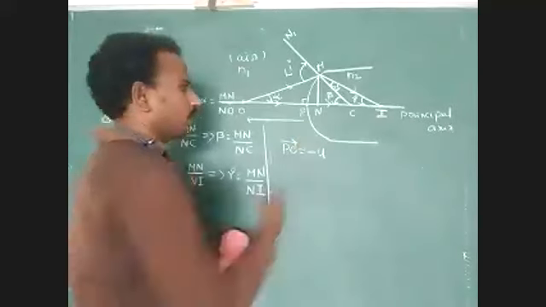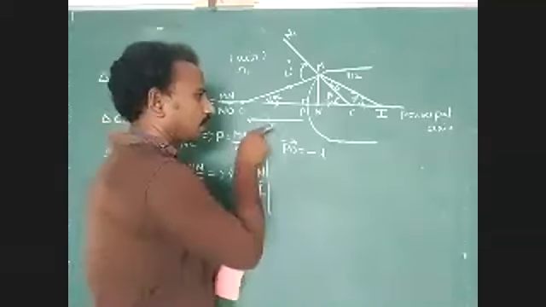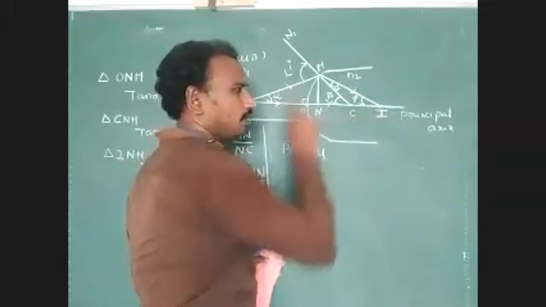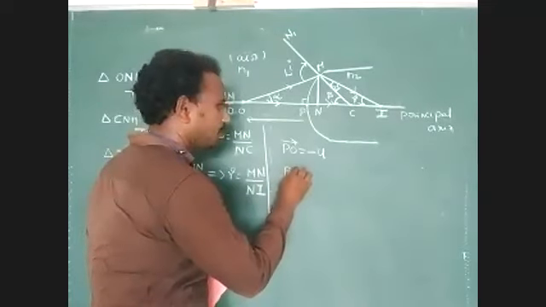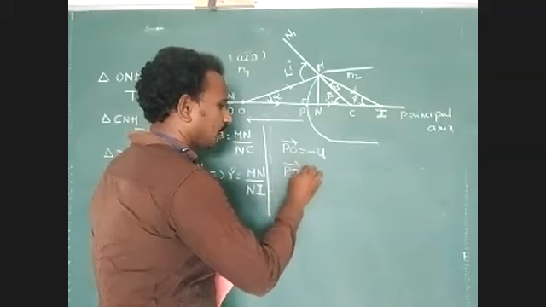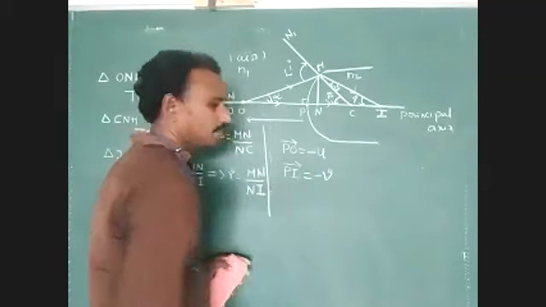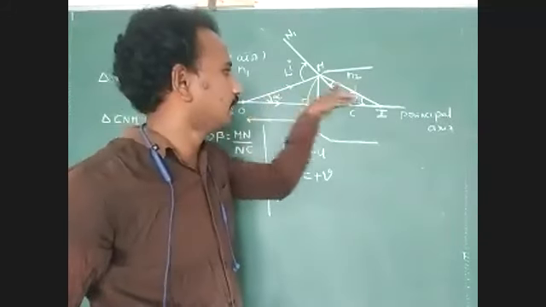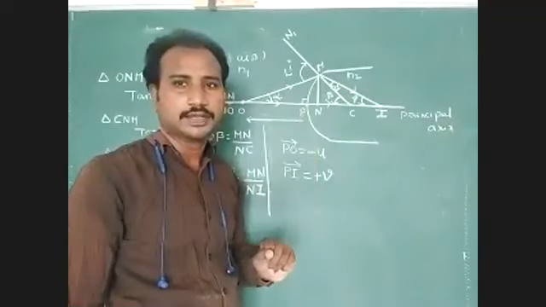Next, we have to find out the image distance. Here you are calculating the distance direction from pole to image formation point, PI bar, equal to plus v. What is the reason? You are calculating the distance along the incident ray direction.